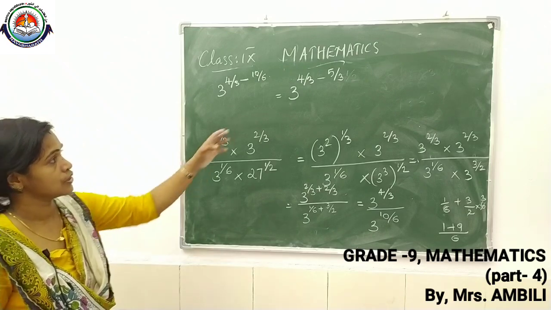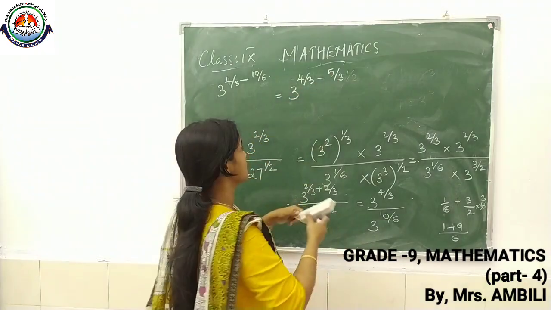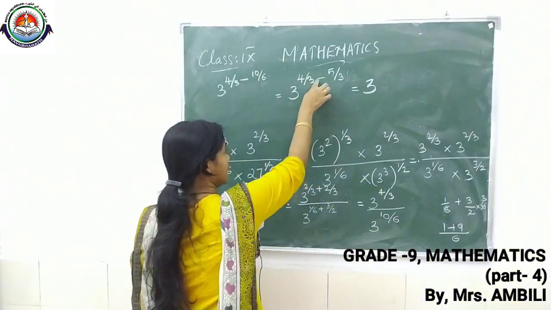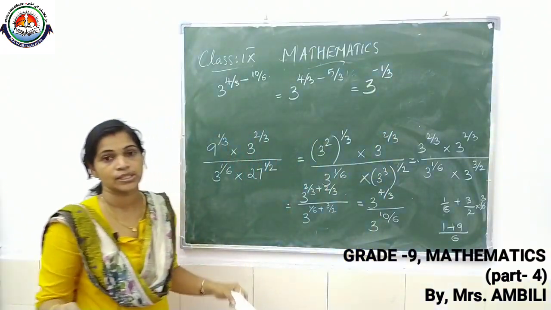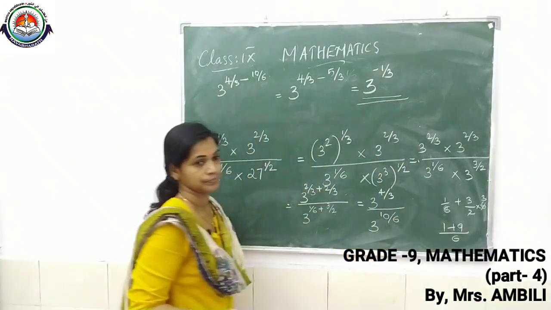Okay. 3 raised to 4 by 3 minus 5 by 3. So, what we will get? 3 raised to, what is 4 by 3 minus 5 by 3? Minus 1 by 3. 3 raised to minus 1 by 3 is our answer.